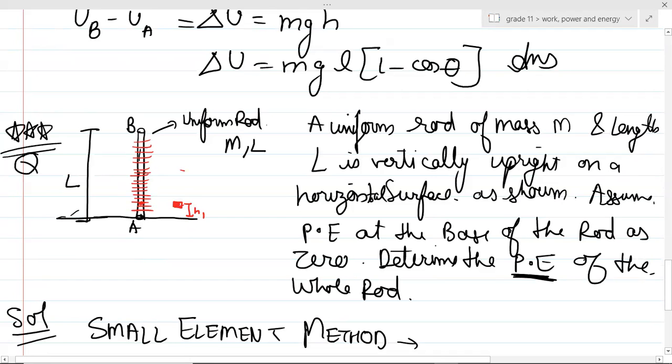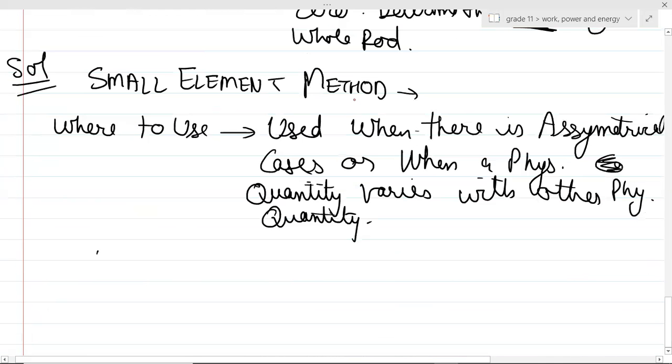This element is at height h2, this element is at height h3. Are you getting my point, guys? For different elements the height is different. Also, do you know the mass of this element? You don't even know the mass of this element. So what do we do? We use the small element method in this particular case.